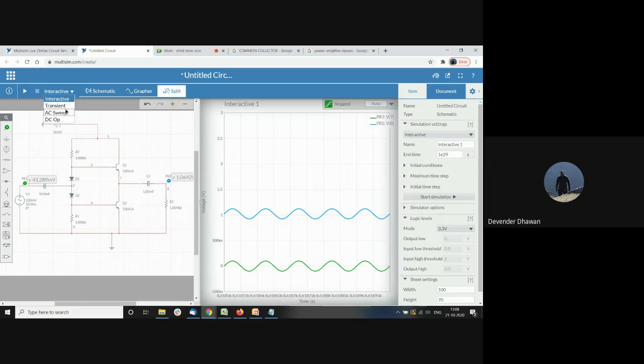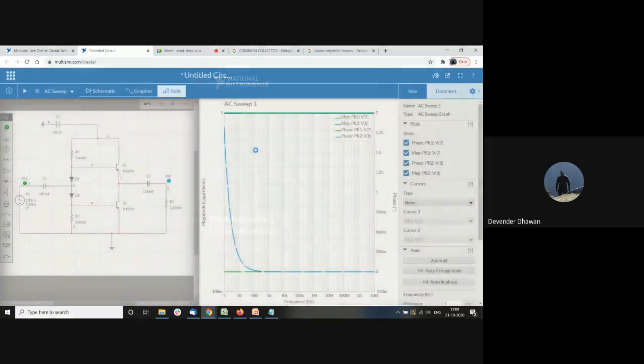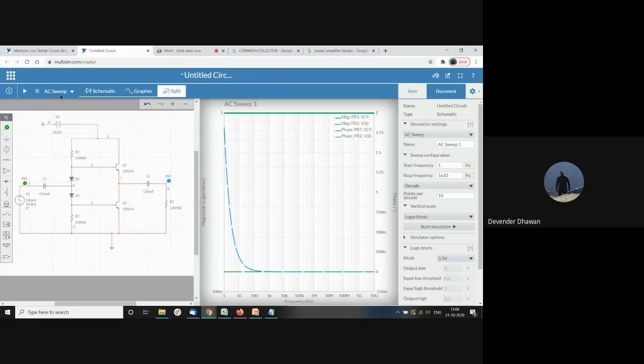Just making our configuration. You see both are parallel lines, green and red. So they will be the same at all frequencies. It doesn't matter what frequency I use.